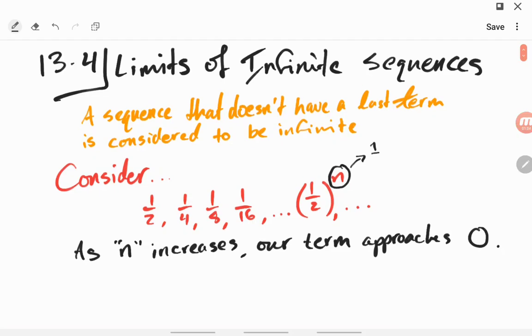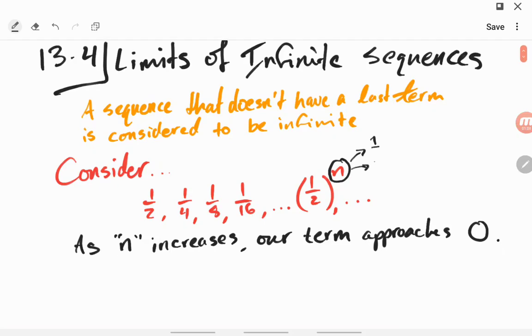If I wanted to find the second term, I'd set it equal to 2. The third term, I'd set it equal to 3, etc. So as n increases, I see that my term gets smaller and smaller and smaller. It approaches 0. This is a mathematical concept that has been defined as a limit.